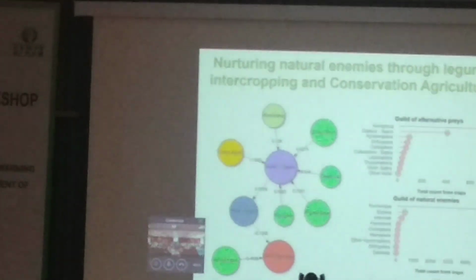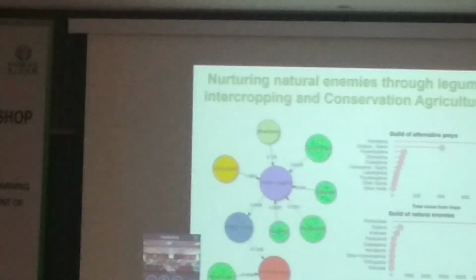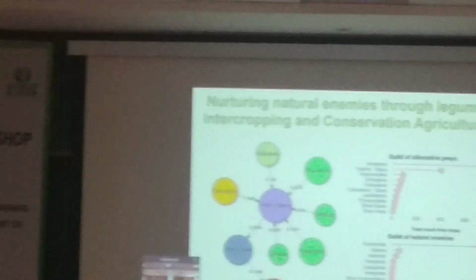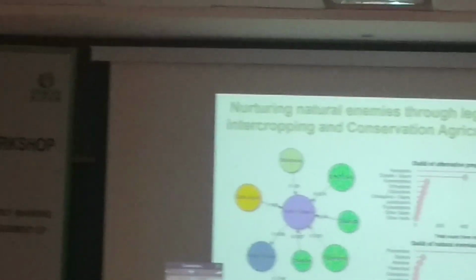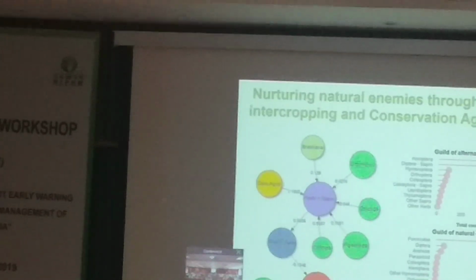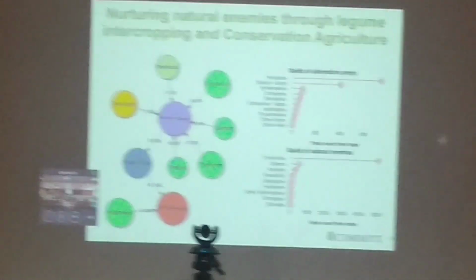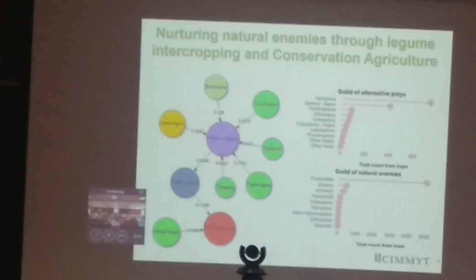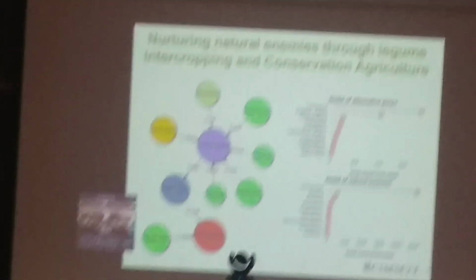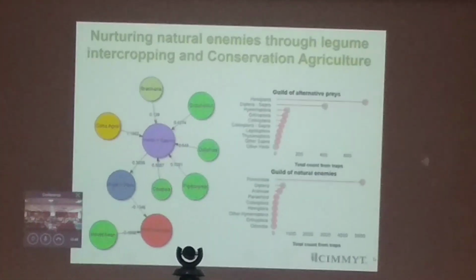So then we looked in the structural equation modeling again, what affects what in the system. We found a positive effect of all these intercropping systems and conservation agriculture, as well as the brachiaria, on the alternative prey.